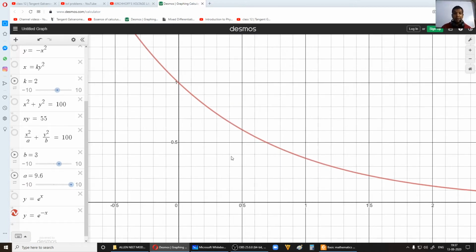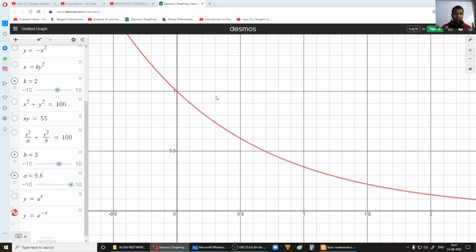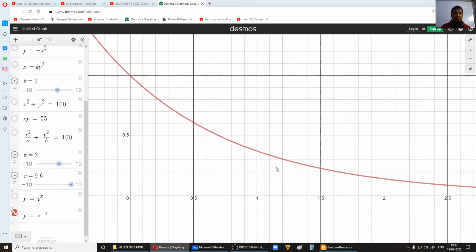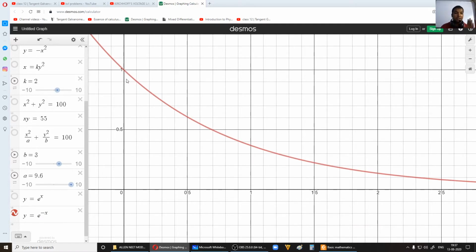Why we are learning about so many graphs and their standard relations is that you will encounter these types of equations when you study physics throughout your 11th and 12th standard. So we'll just focus on the first quadrant.